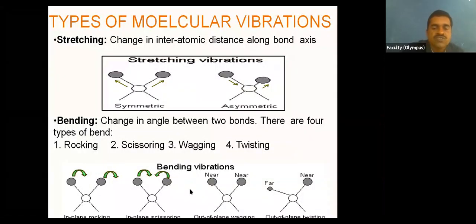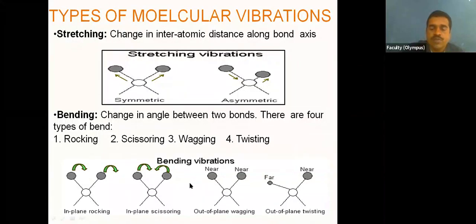So there are four types of bending vibrations: rocking, scissoring, wedging (out of plane), and twisting.